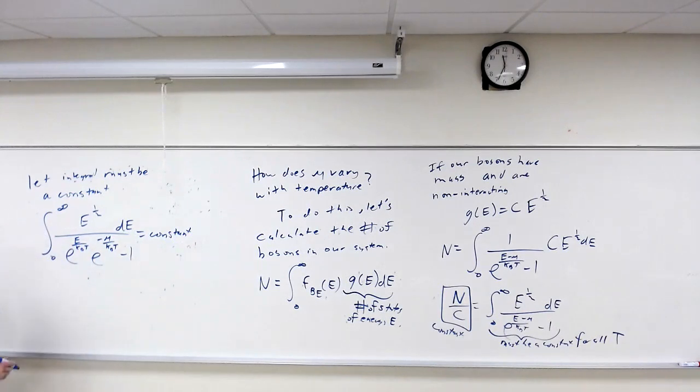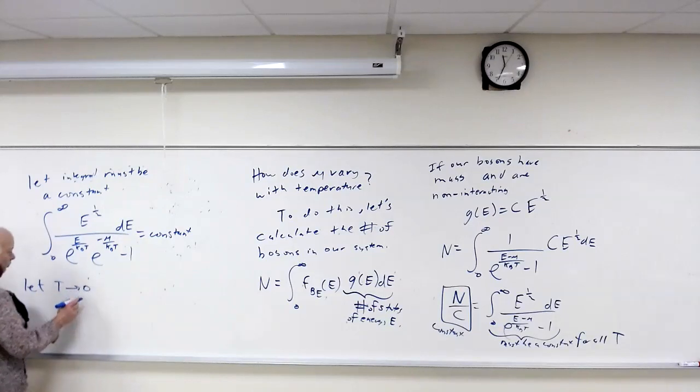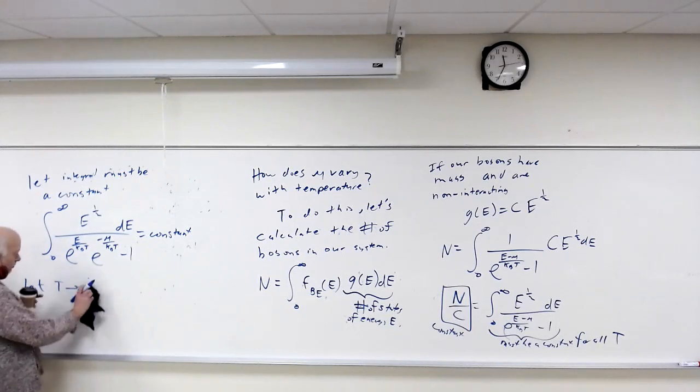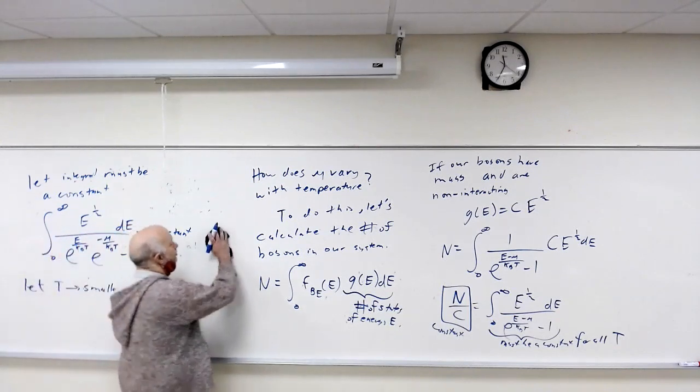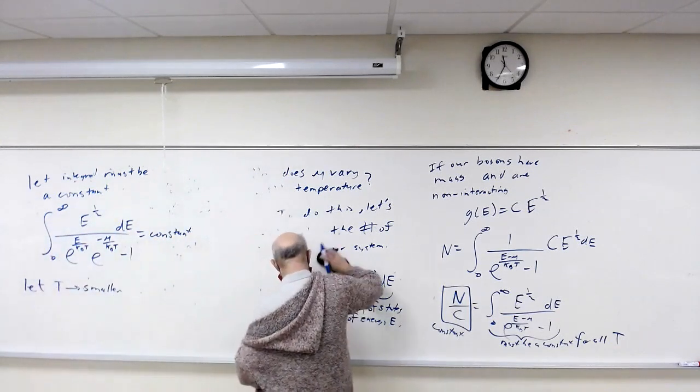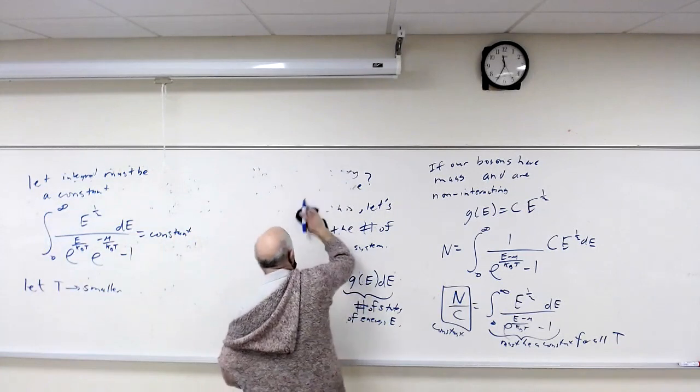So what we're going to do, we're going to let T go towards 0. It's not going to equal 0, but it's just going to get smaller. Okay. So here's the problem. It tells us how to fix it.